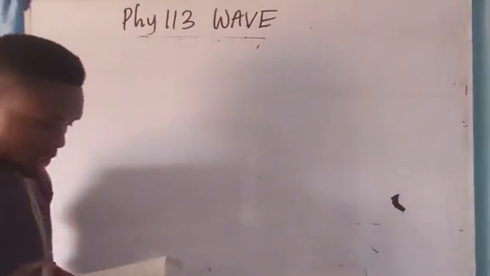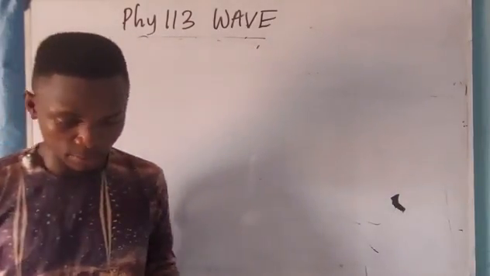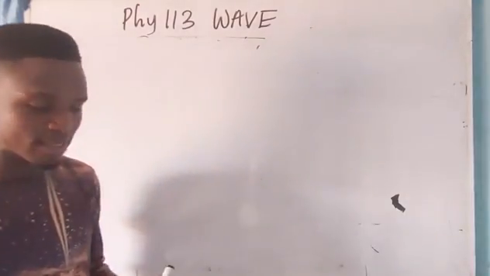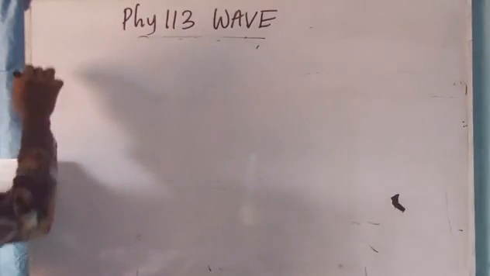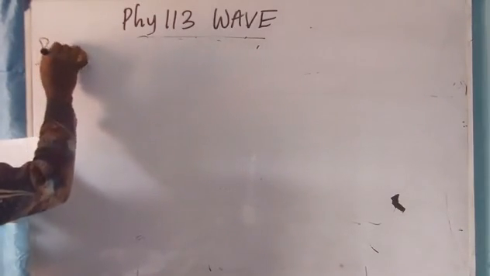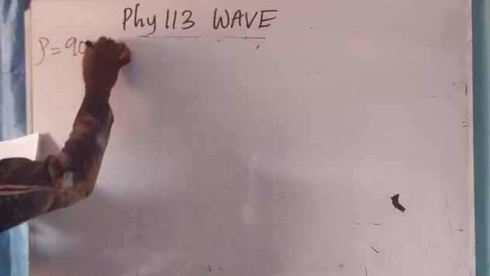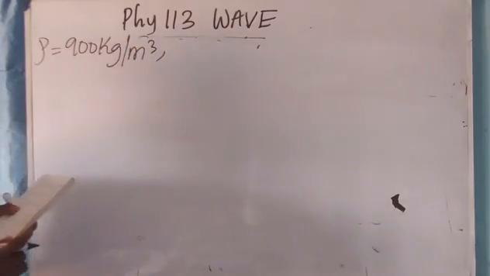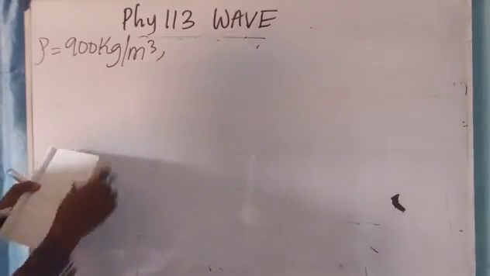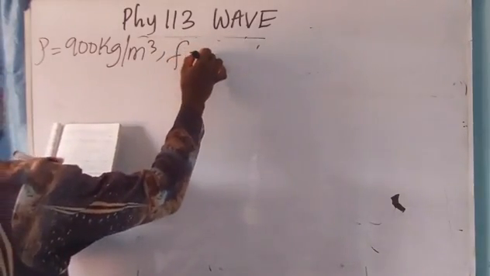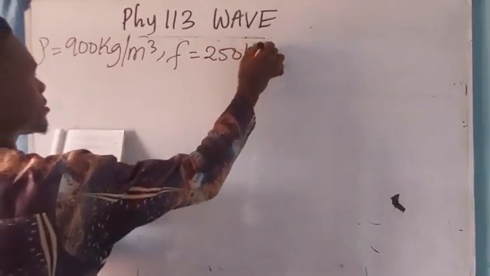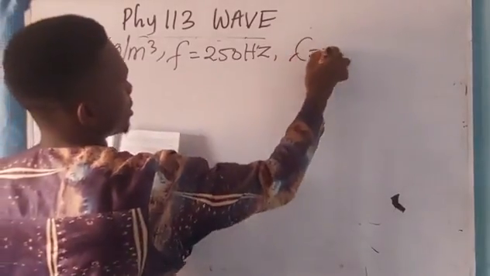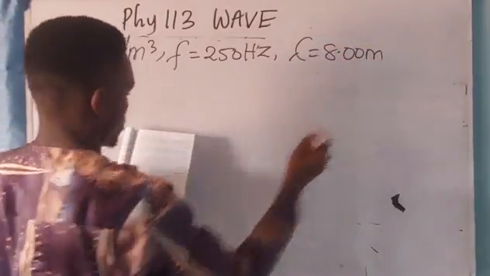Okay. The next one says, in a liquid with density 900 kilogram per meter cube, with frequency as 250 Hz, the wavelength is 8.00 meter.